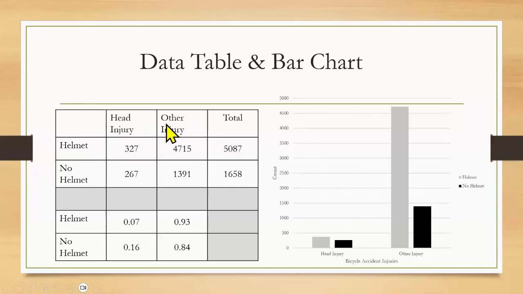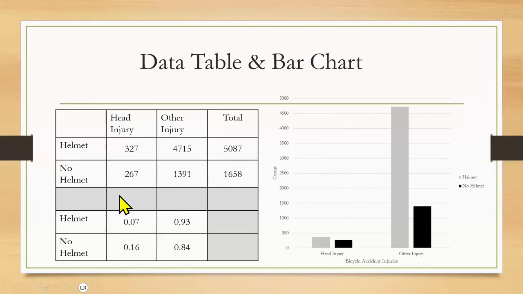We're not really so concerned about the difference between head injury and other injury. So we really want to highlight this comparison, with the helmet versus no helmet in our rows. Rows go across from left to right, and columns go up and down like the Greek columns that hold buildings up.